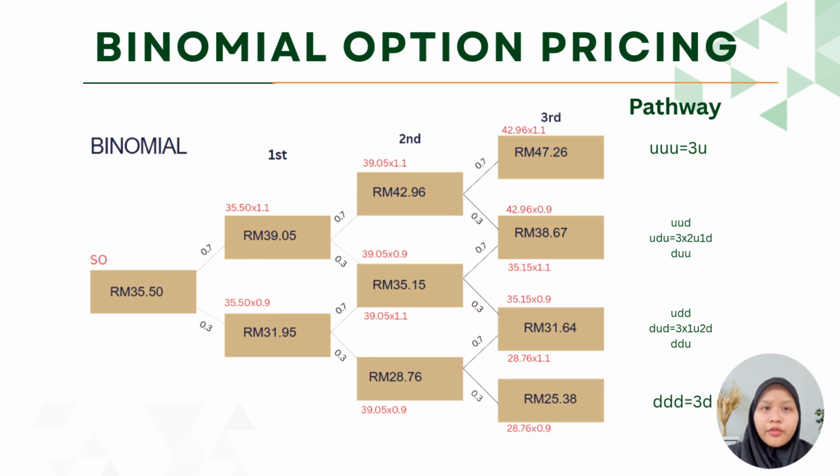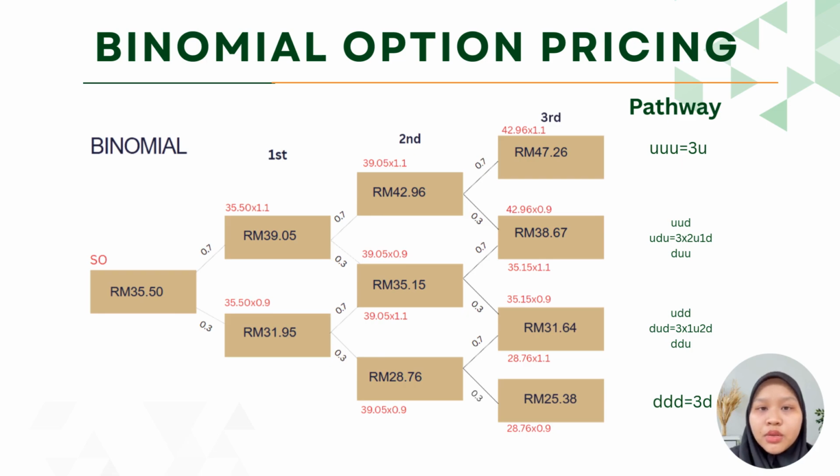In the world of finance, we know the price won't stay there, but we don't know exactly where it will go. To manage that uncertainty, we simplify the world into two possibilities, which is the stock goes up or it goes down. Looking at our first step, we have set an up factor of 1.1, representing a 10% gain, and a down factor of 0.9, a 10% loss.